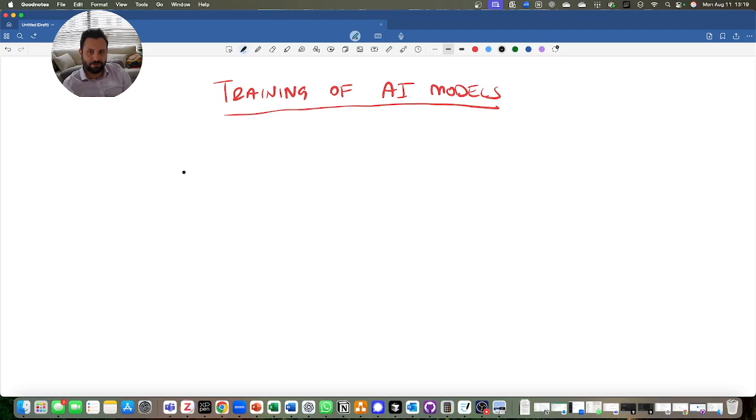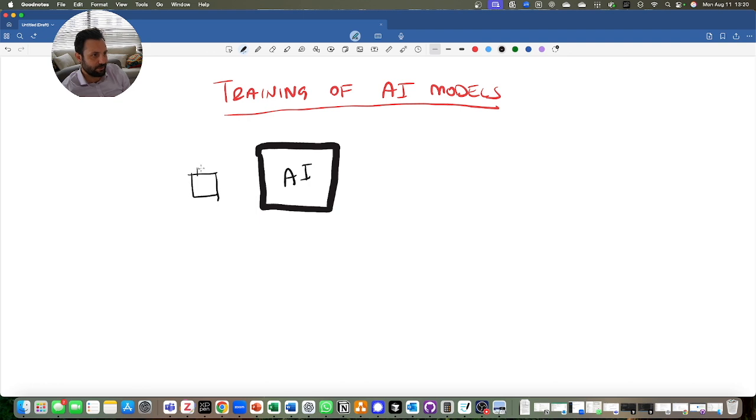If you remember from last week, when we discussed, an AI model can be deemed as a black box, inside of which, let's write AI here, we do not know what is inside. And typically AI models are going to take inputs of whatever, images, videos, text, sentences.